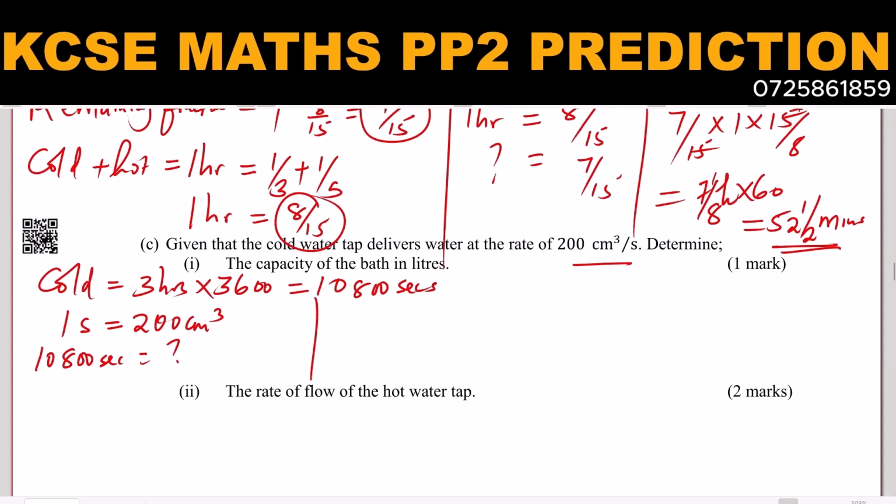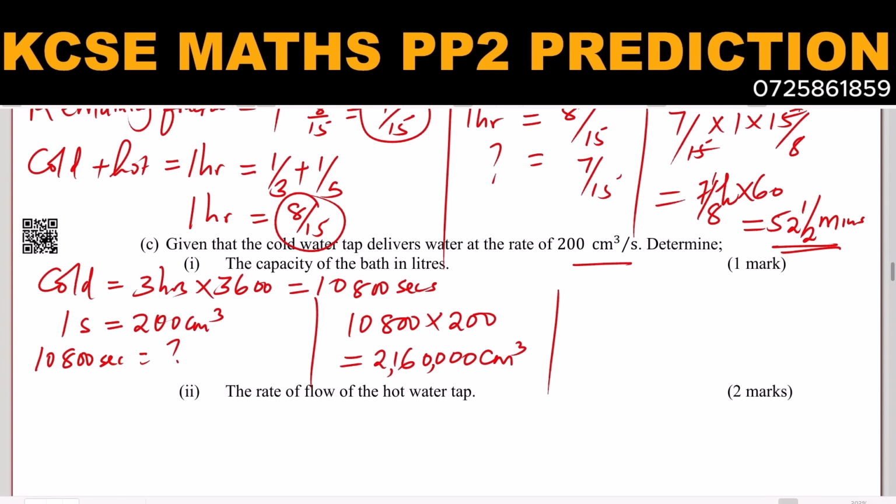So we simply need to multiply these, so it will be 10,800 times 200, and this will give 2,160,000 centimeters cubed.